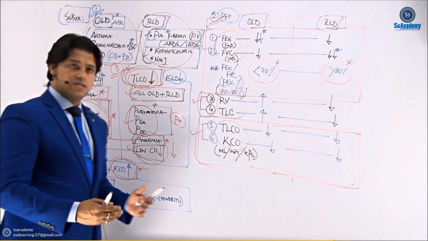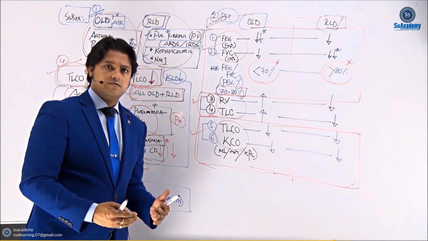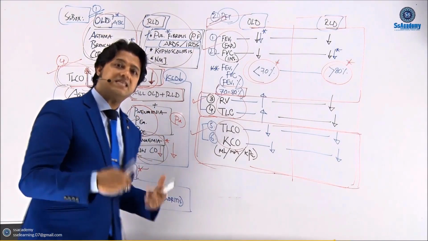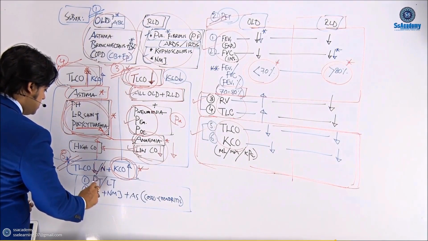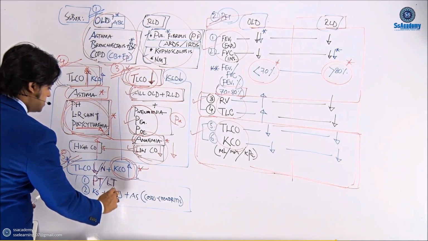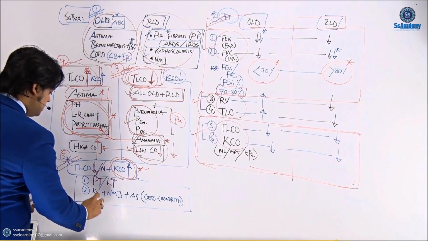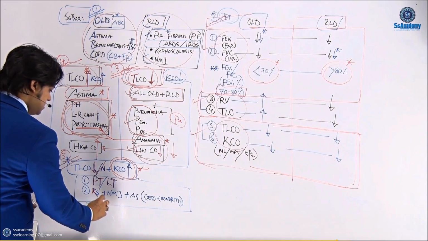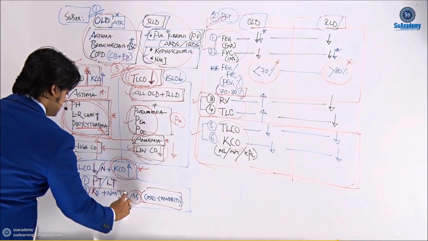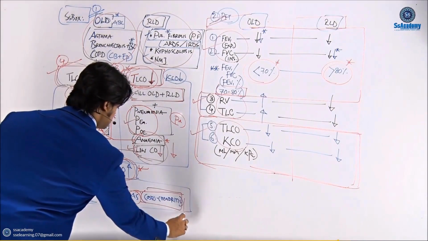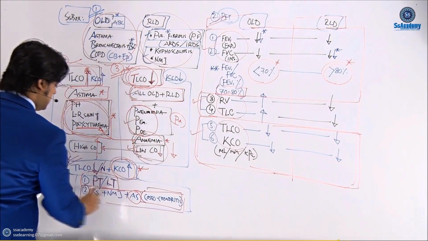TLCO normal or reduced means gaseous exchange is reduced, but the KCO is increased. KCO is increased in pneumonectomy and lobectomy, and also kyphoscoliosis and ankylosing spondylitis, leading to chest wall restriction, and neuromuscular disease. These are chest wall restrictions, plus pneumonectomy and lobectomy.